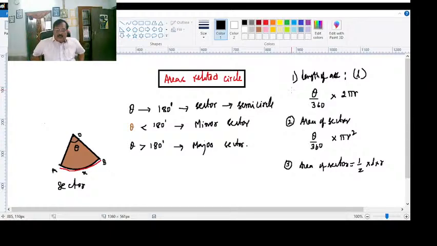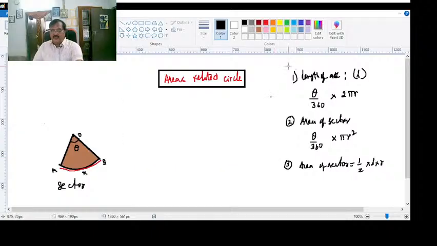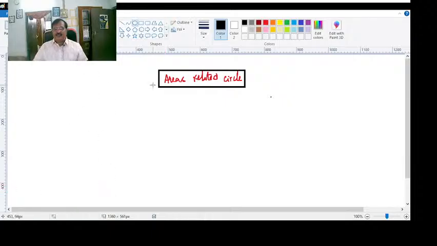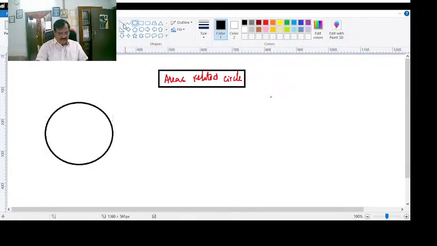So now there is another part. Sector is one part, and there is another part. That means in three ways we can divide the circle. So now this is another circle. Then I will draw the chord.